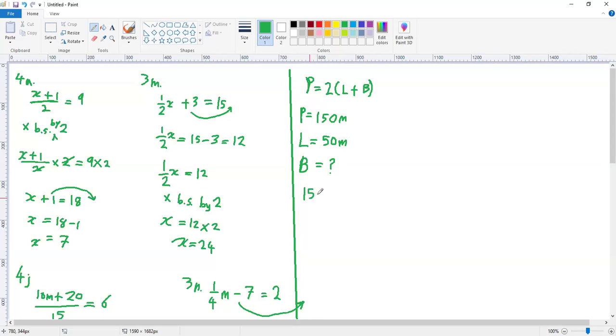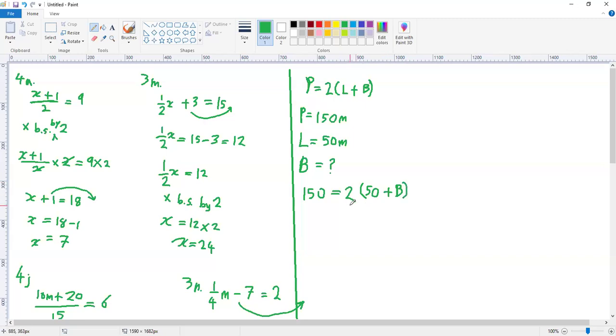Anywhere I see P, I'm going to put 150, right? And anywhere I see L, I'm going to put 50. Of course, the 2 is part of the formula, so it just stays there. And what we're looking for is B. So that's it.